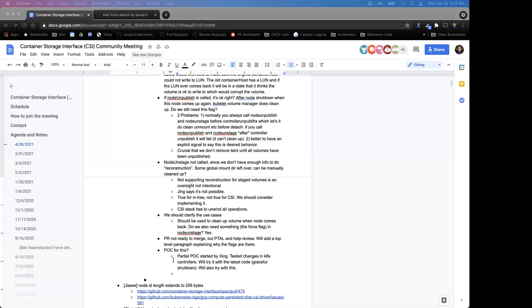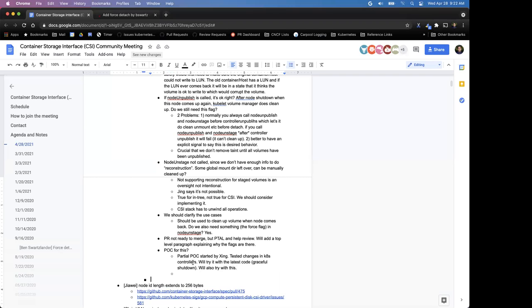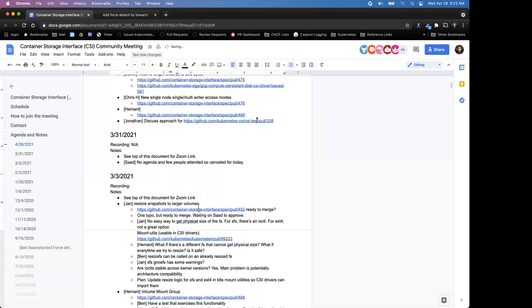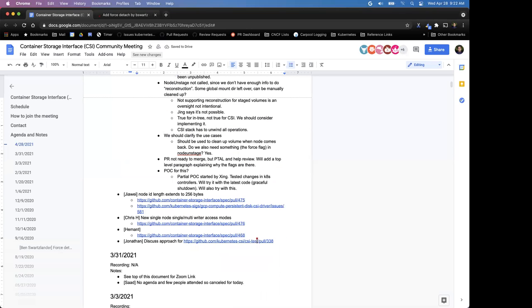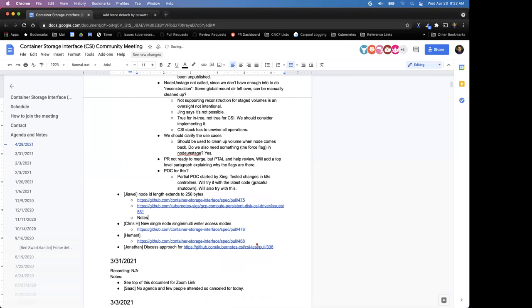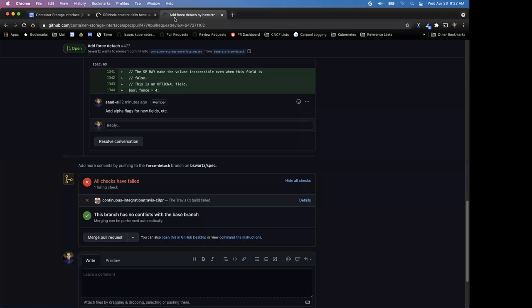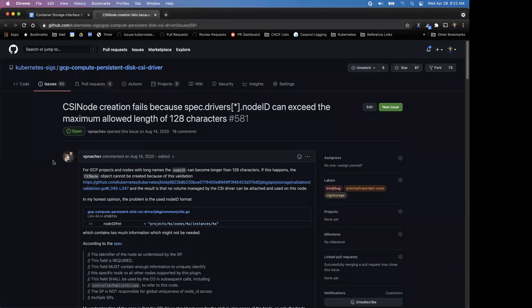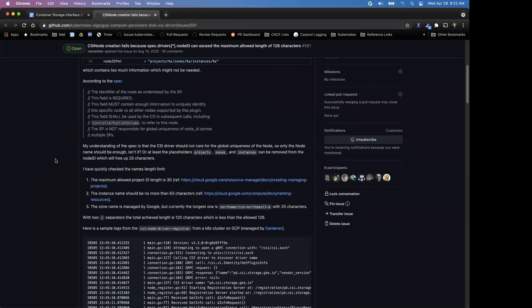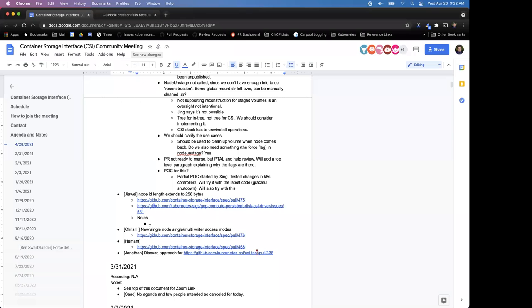All right, thanks, Ben. So I think we can move on to the next item, Jiawei's node ID length extending to 256 bytes. Jiawei, you want to talk about this? Yeah, sure. For some background, the CSI node ID length used to be 128 characters.